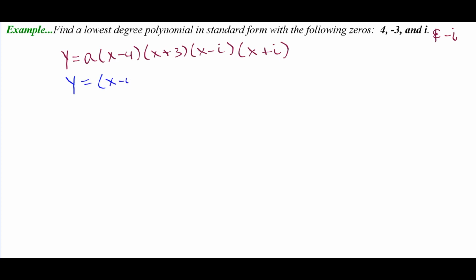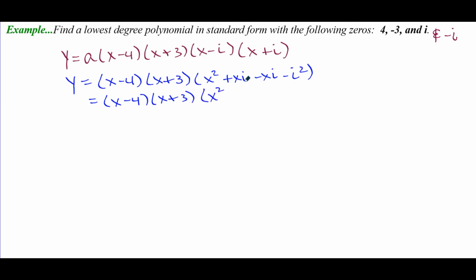So I have x minus 4, I have x plus 3, and then when I multiply these out, I'm going to get x squared, and then plus xi minus xi, and then minus i squared. When we simplify that, we've still got the x minus 4 and the x plus 3 here. We're going to end up with x squared, the xi and the negative xi cancel out.